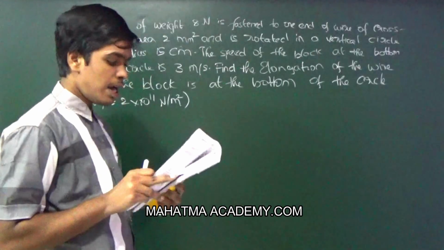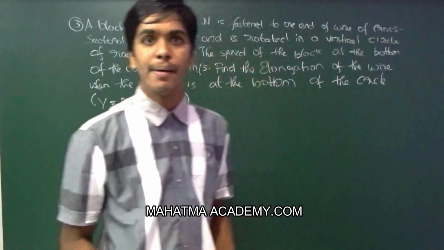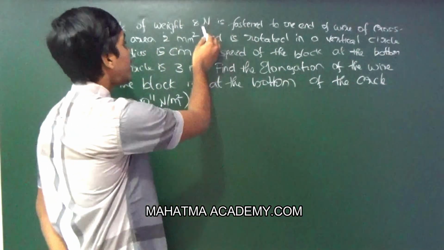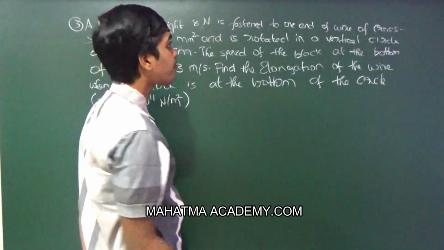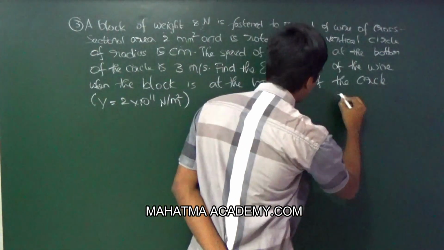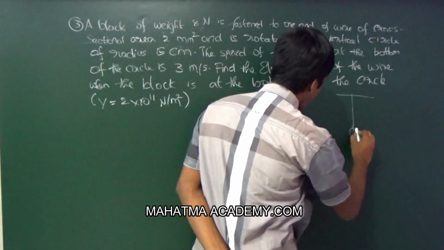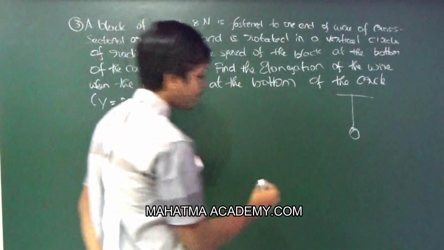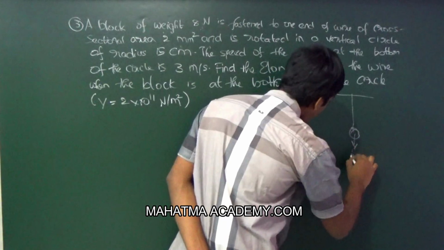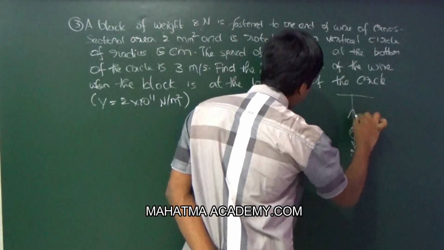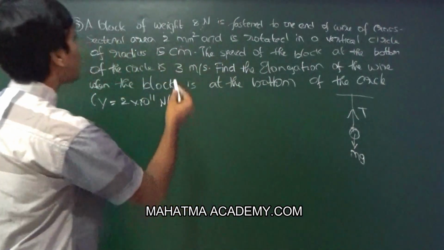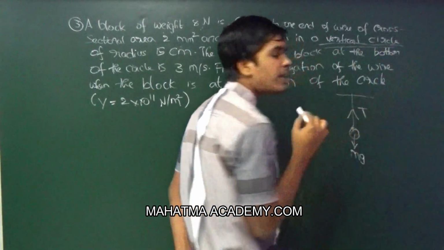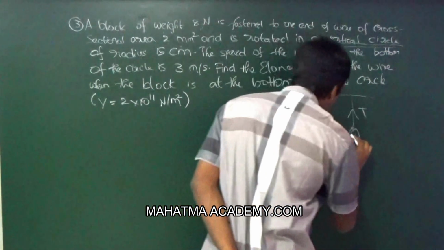Okay, now let's solve this problem. First I will explain. There is a block of 8 newtons and it is tied like this. It has weight mg downwards and tension upwards, and it is rotated in a vertical circle, not a horizontal circle.